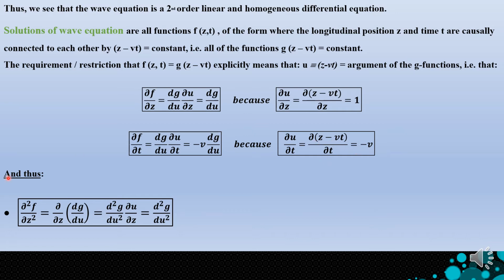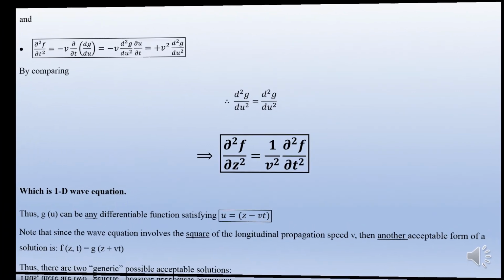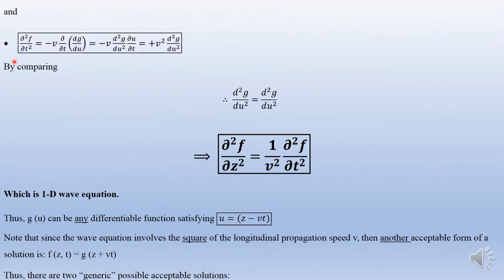So ∂²f/∂z² = ∂/∂z (dg/du), which by putting the values is equal to d²g/du² (∂u/∂z) = d²g/du². And ∂²f/∂t² = −v ∂/∂t (dg/du) = −v (d²g/du²)(∂u/∂t) = v² d²g/du².